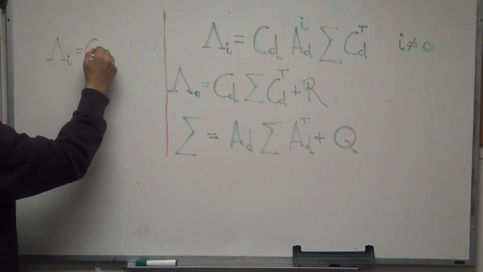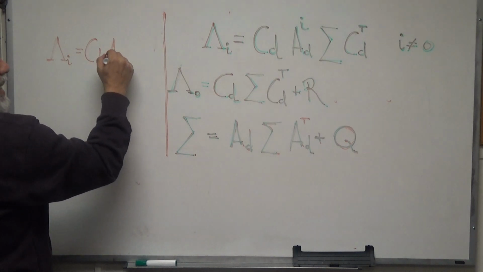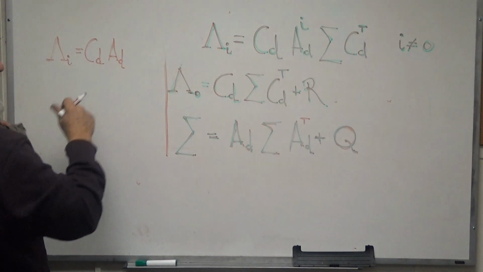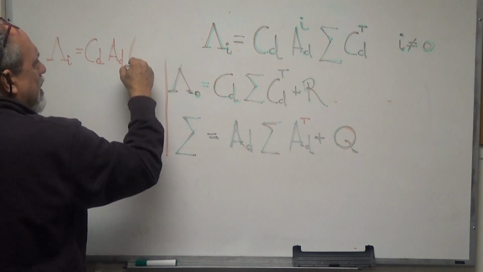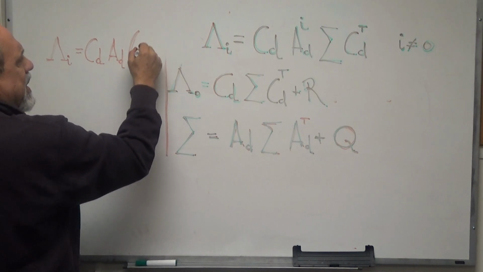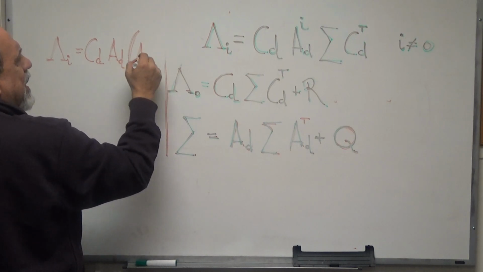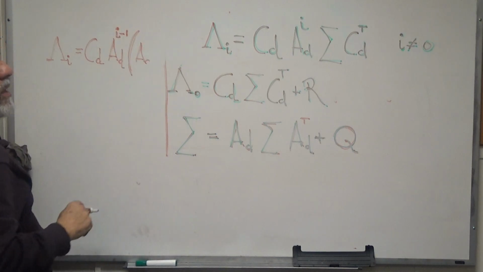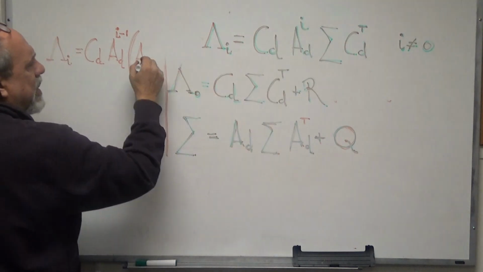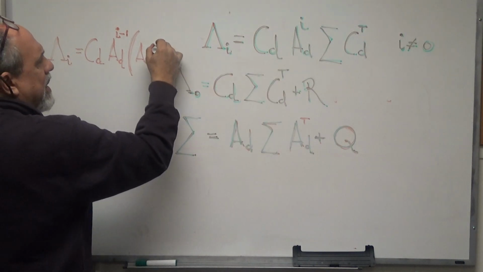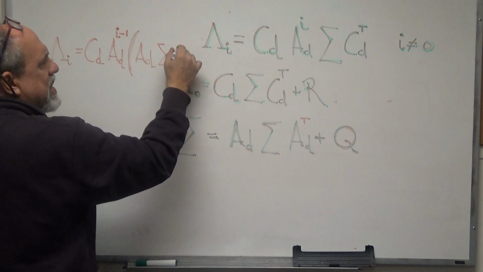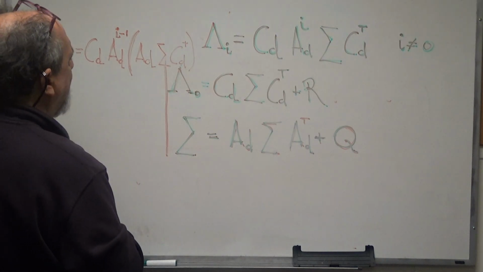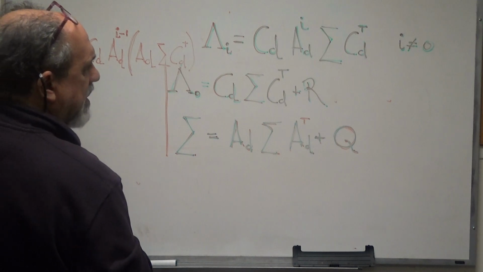CD, AD times, I'm sorry, AD to the I minus 1. Take one of the ADs away from here, and then I get AD covariance of the state, CD transpose. I can't fit things correctly today.